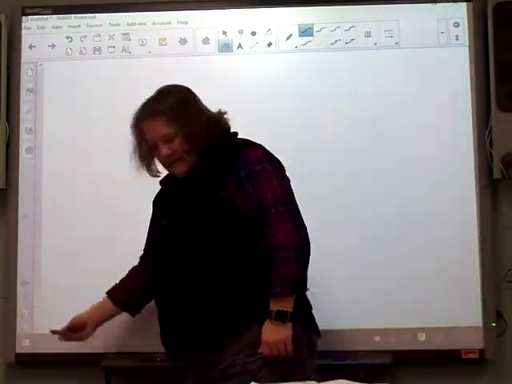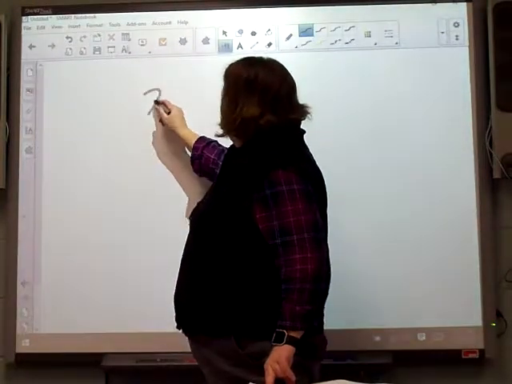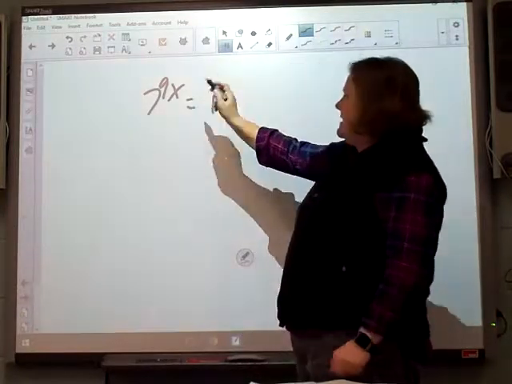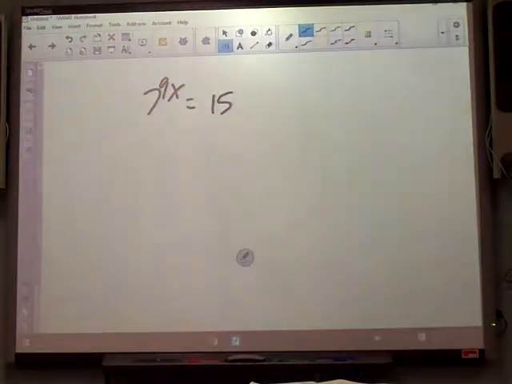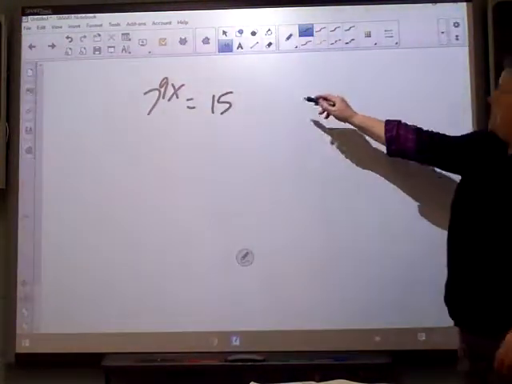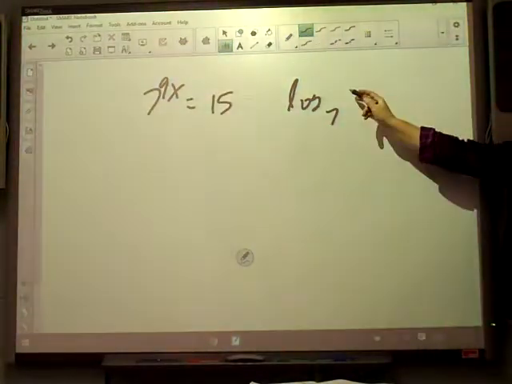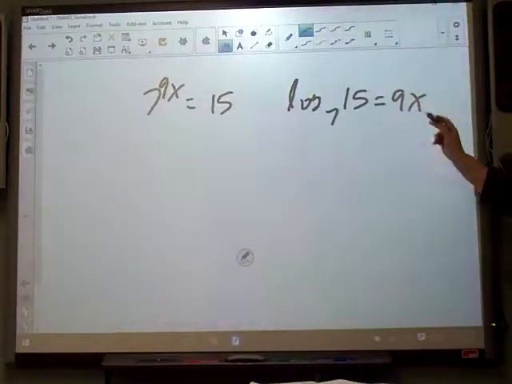All right, check this thing out. Now we've added something else up there with the x: 7 to the 9x equals 15. Okay, we're still going to start the same. Stephen's right. This would be log base 7 of 15 is equal to 9x.